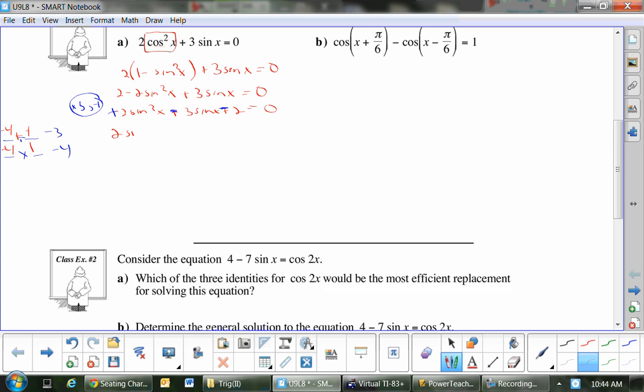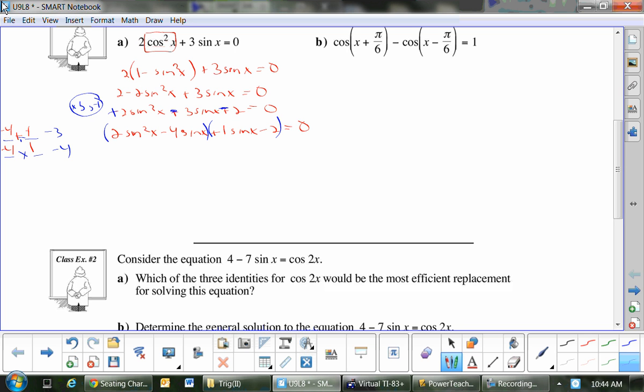So 2 sine squared x minus 4 sine x plus 1 sine x minus 2 equals 0. Put our brackets around this one, brackets around this one.